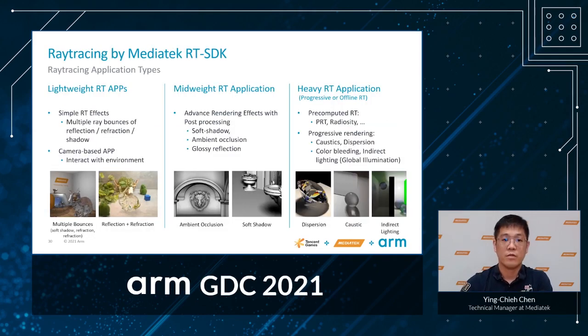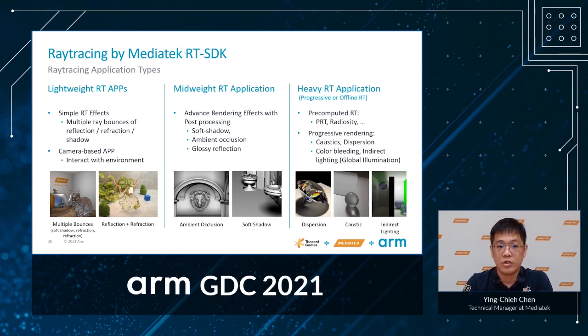Here we show some ray trace results that are built by our SDK. The ray tracing applications could be classified into three major categories by computing cost. The first one is the lightweight application. Ray traced reflection and shadow effects can be achieved in real time.